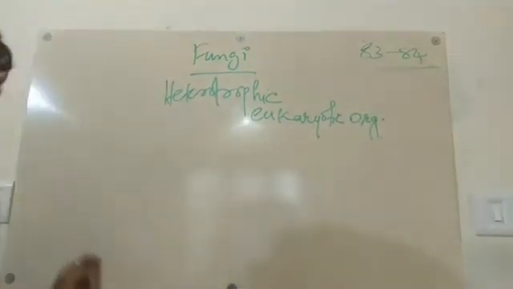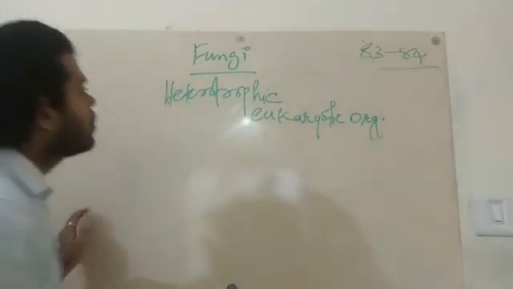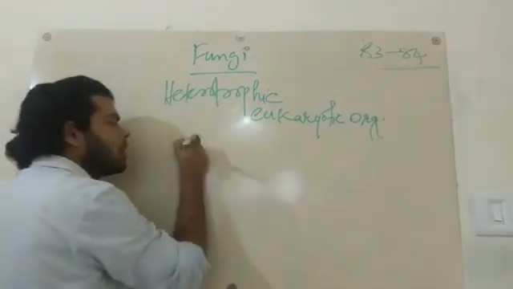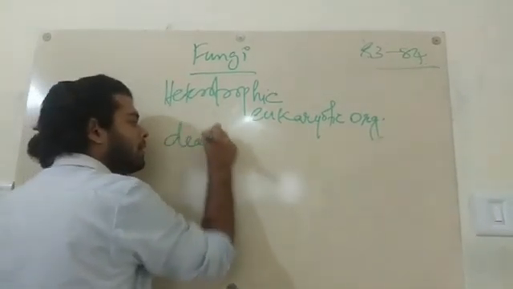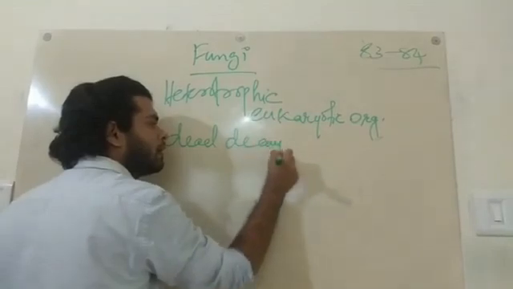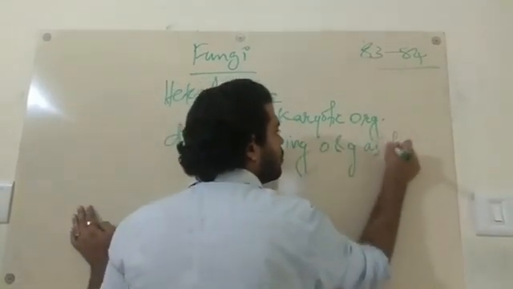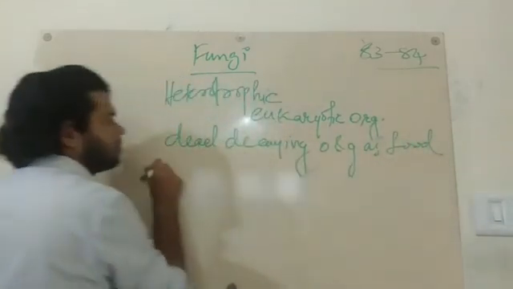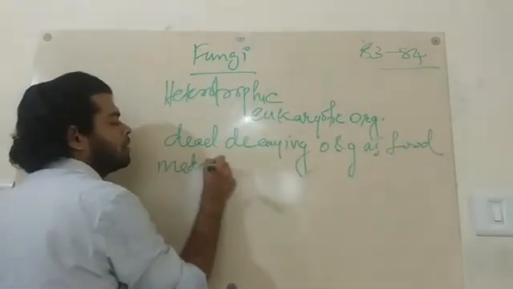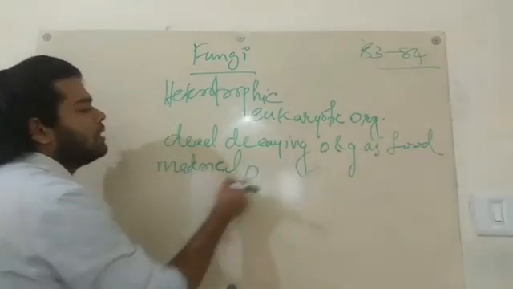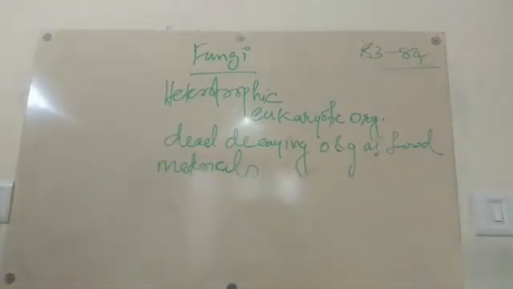So what will they use? They will use dead, decaying organisms as food material. Okay, they will use dead, decaying organisms as food materials.